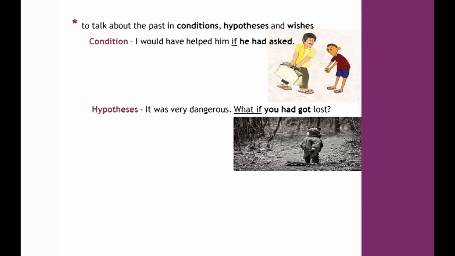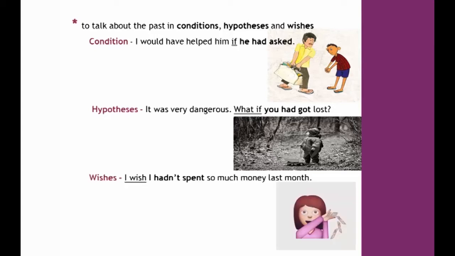For example: it was very dangerous. What if you had got lost? See, there is the phrase you had got. And in the wishes, there is the word wish. So: I wish I hadn't spent so much money last month.